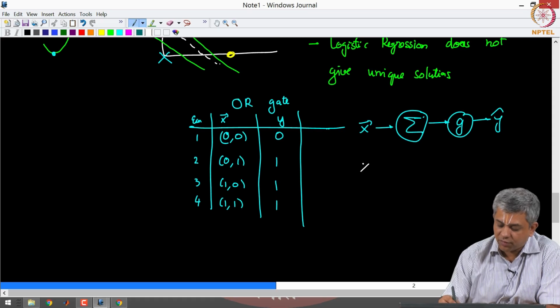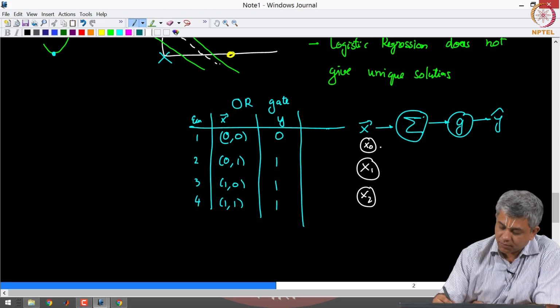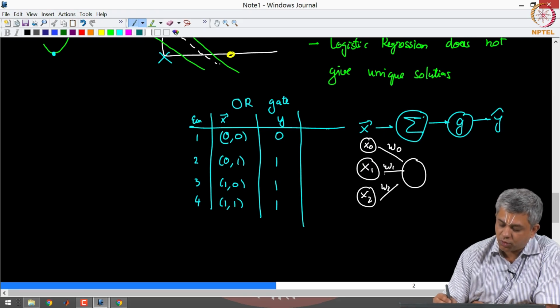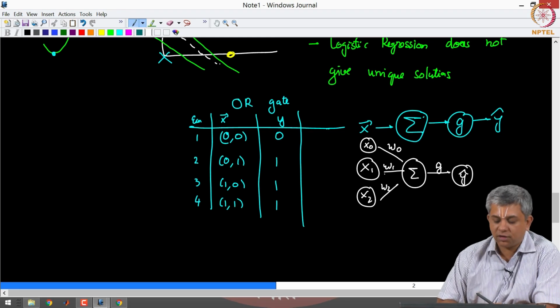So, if you have x 1, x 2 and x naught here, which is just 1, we sum these 3 up, w naught, w 1, w 2, okay. What comes out is y hat after you put sigmoid g.